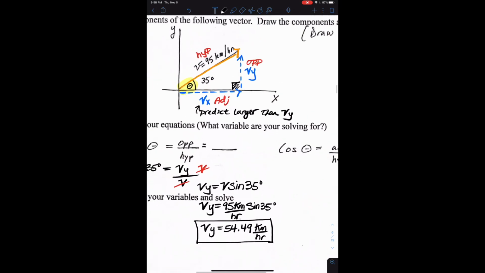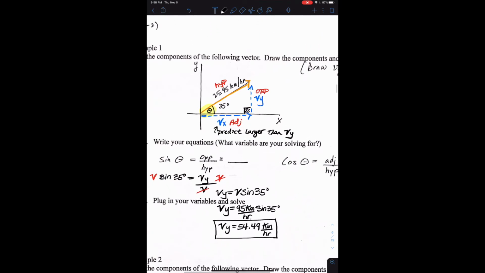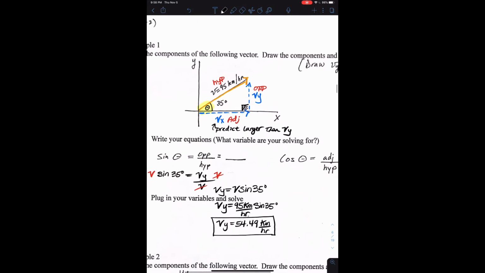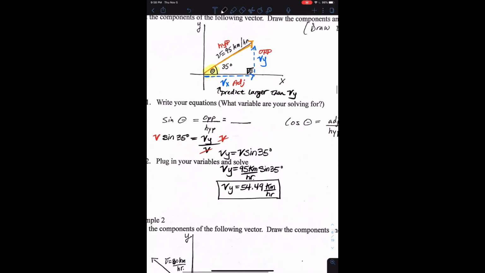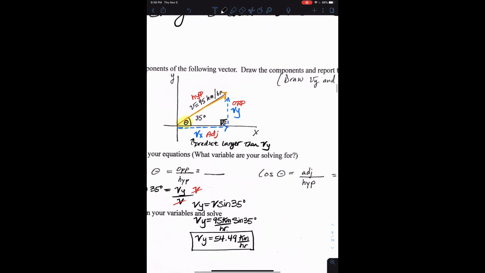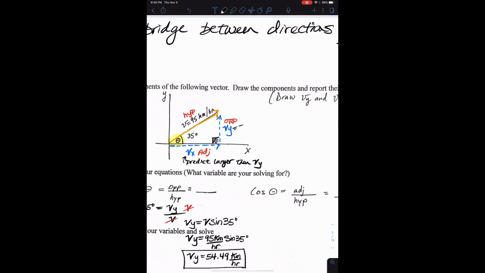Okay, so we used SOHCAHTOA, specifically SOH, right? Sine equals op over hip to solve for Vy because Vy is an opposite. So I'm just going to go ahead and write that answer right up here.